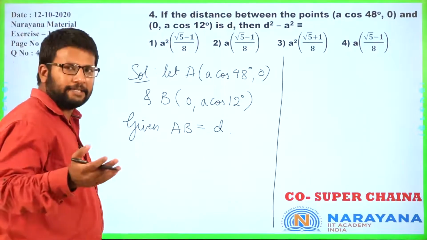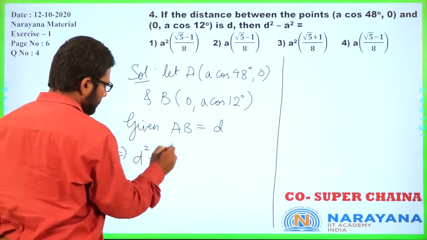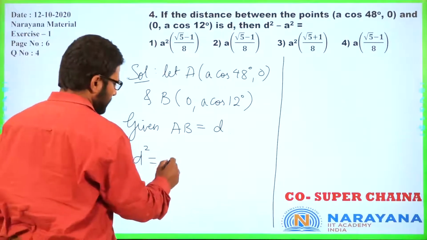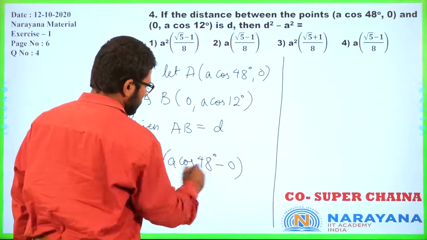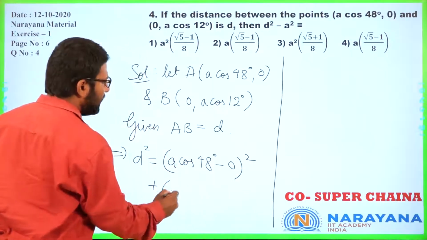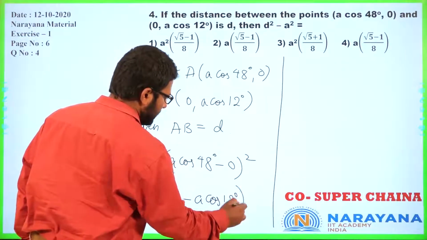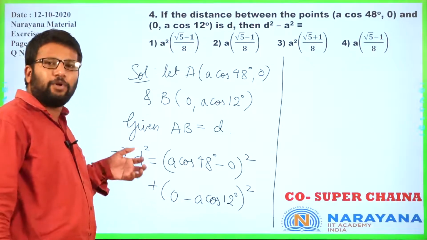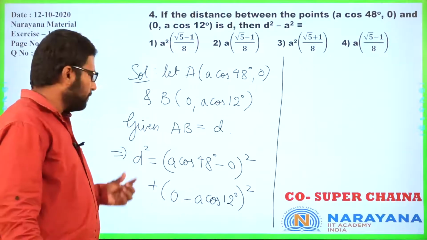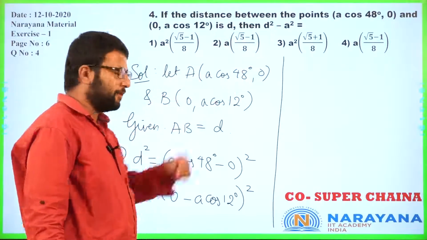So let us just apply distance formula and see what we get, which means d square is equal to (a cos 48 degrees minus 0) the whole square plus (0 minus a cos 12 degrees) the whole square, right? I am deliberately sticking to d square. Normally we will put a square root also, but we are going to go with d square because eventually we need d square, alright?